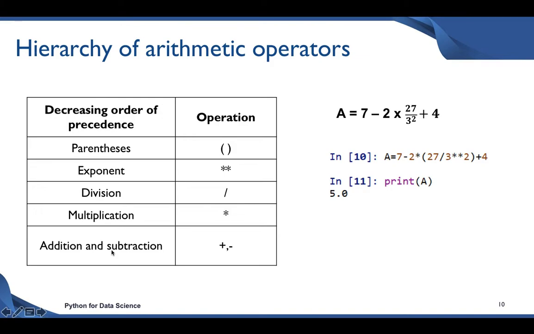Now addition and subtraction are carried out, and 7 minus 6 plus 4 gives 5.0. Why has this 5.0 come? Because there was a division operation, and the resulting value of a division is always a floating point value. So that's why we get a decimal point here.